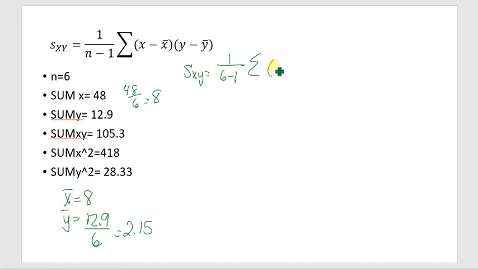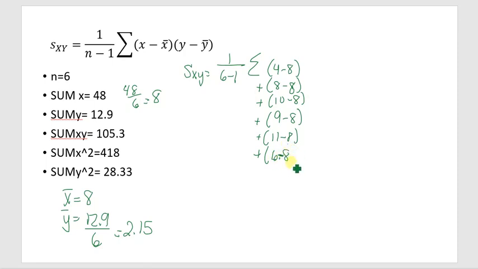We're going to add 4 minus 8, 8 minus 8, 10 minus 8, and I'm listing them because we have to add up all of these. 9 minus 8, 11 minus 8, and 6 minus 8. Now we do the same thing with the y's.